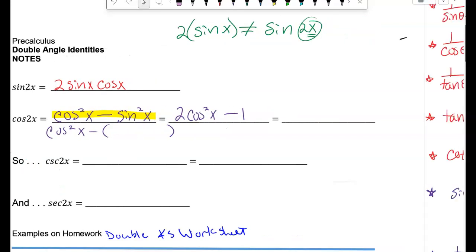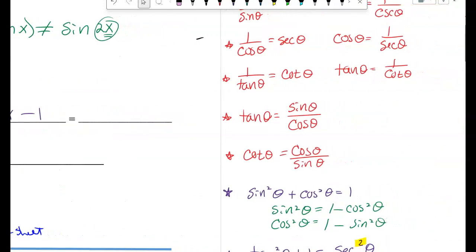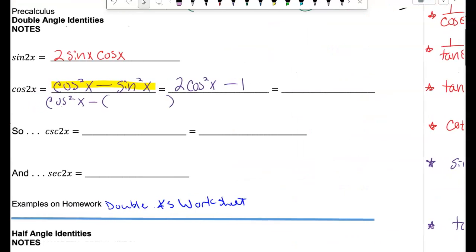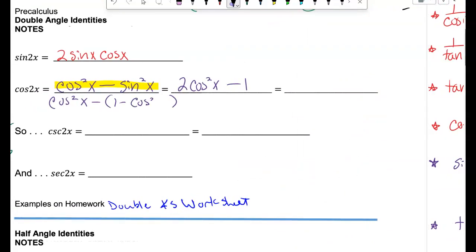Sine squared x, isn't it going to be that one? So 1 minus what? Oh, look, I got 1 minus cosine squared x. Look what happens when I combine like terms. I go cosine squared x minus 1 plus cosine squared x. Oh, wait. Did we just verify an identity? Oh, yes. Yes, we did. We got it down. So you just had to substitute in using one of your Pythagorean identities.